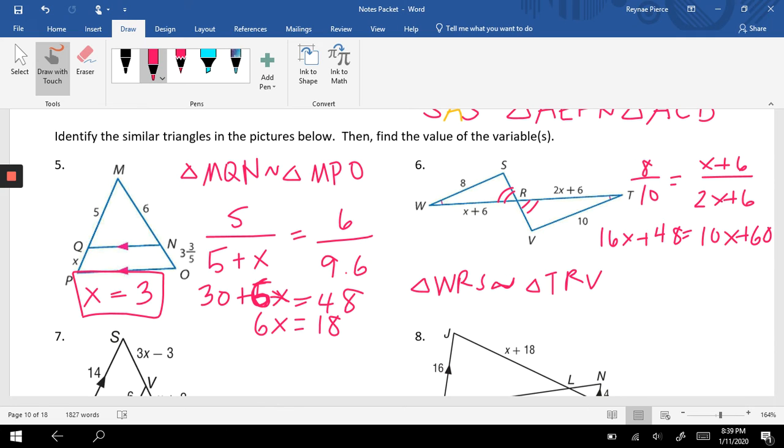I'm going to move all the x's to the left and subtract 48 from both sides. So that leaves me with 6x equals 12. X is 2. Okay.